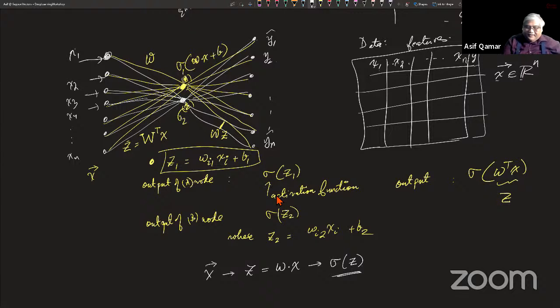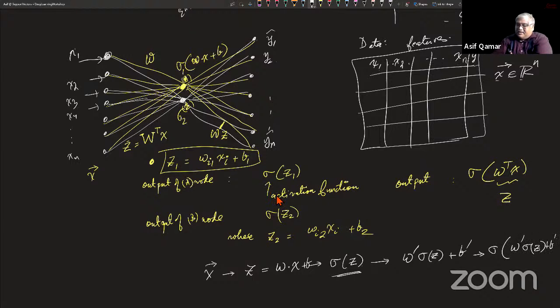And then this goes through another matrix multiplication, w prime sigma z, and of course you add the bias term, sigma z plus a bias prime, and that goes through yet another activation, w of sigma z plus b prime. Do you see that? And this is your y vector.